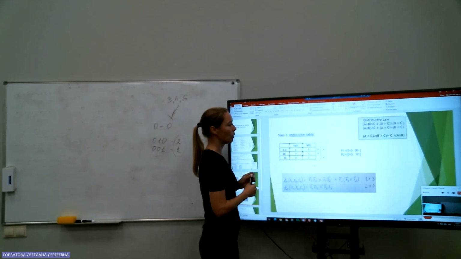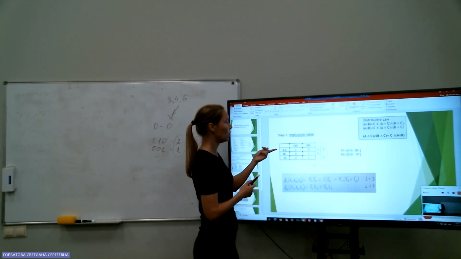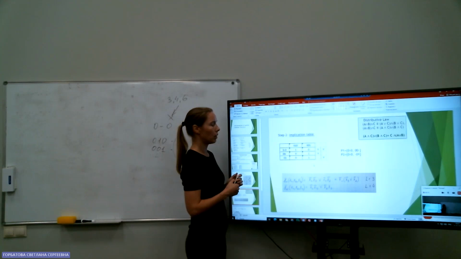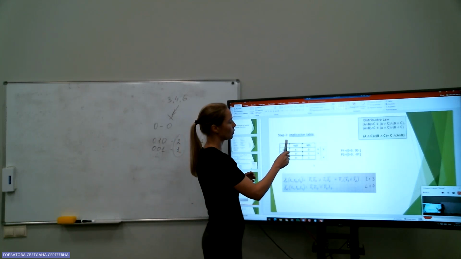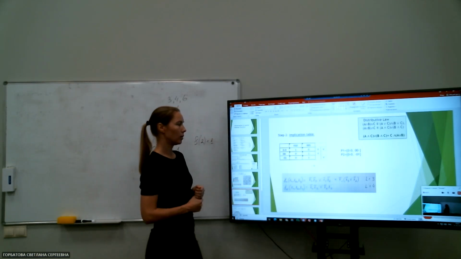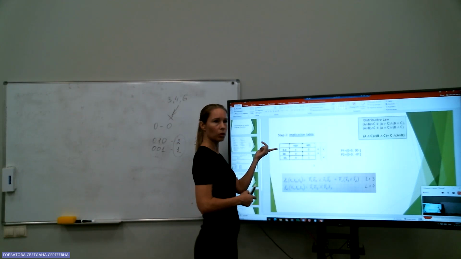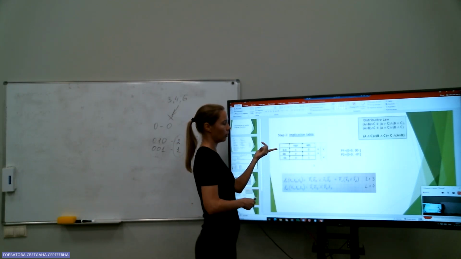And then we also try to find rows which have digit 1 in each column. So it is necessary to use this row because there is just one digit 1 in this column.